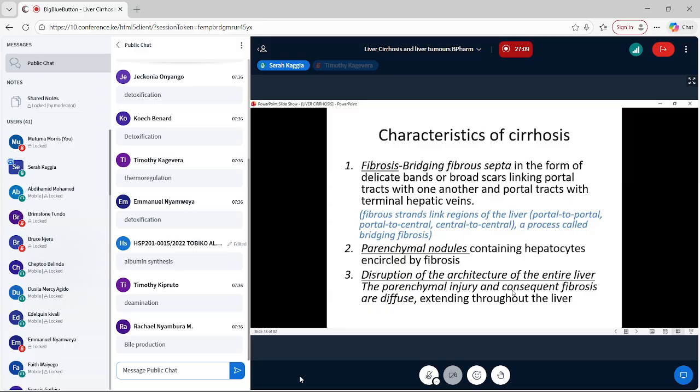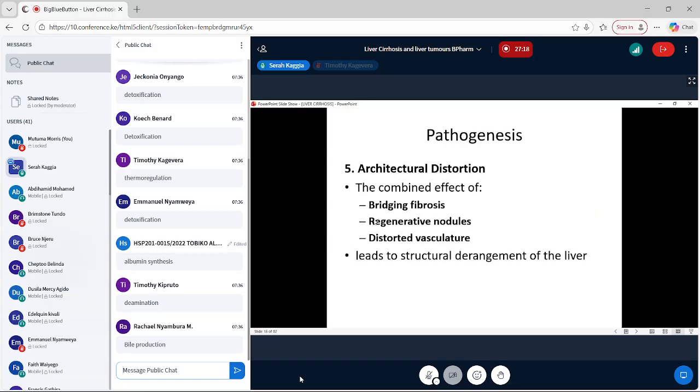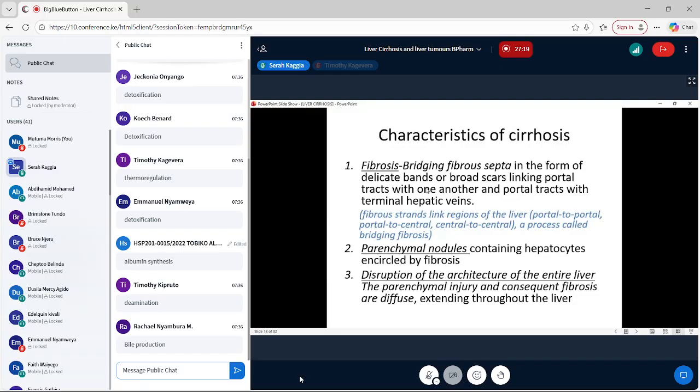Okay, so these are the characteristics that I've mentioned, which is here. The fibrosis regenerates the bridging bands, fibrous tissue or scars, which will link portal tracts with another tract, and portal tracts with the terminal hepatic vein, the central vein. So the strands now cause portal to portal, portal to central, central to central, that's what we call the bridging fibrosis.